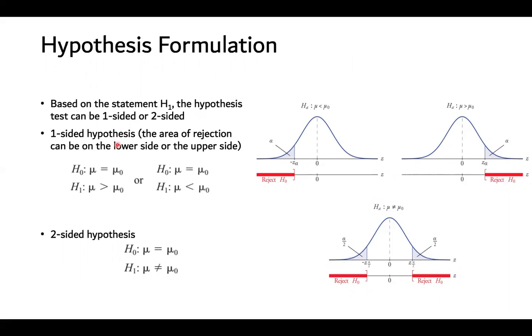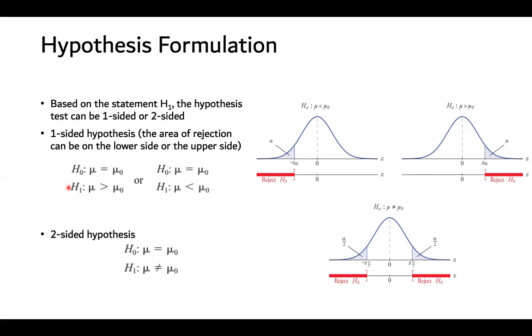Let me explain again what a one-sided hypothesis means. In a one-sided hypothesis, the area of rejection can be on the lower side, where H1 is less than the initial claim, or on the upper side, which is the one that we want to claim is in the area of rejection of the H null.